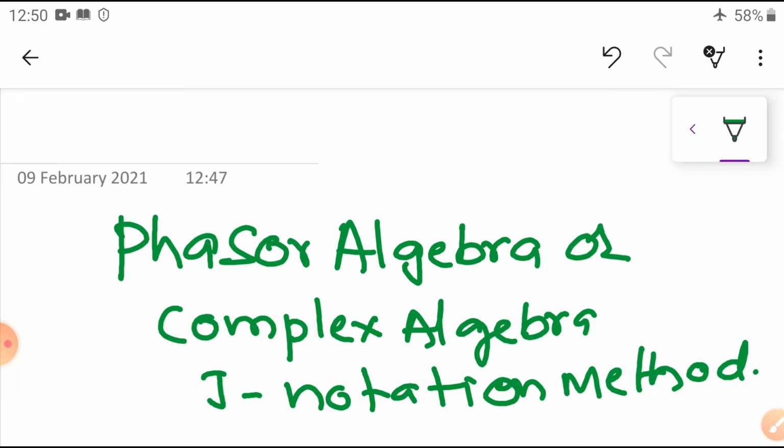In step 2, based on I1 at an angle, I2 at an angle and I3 at an angle, based on the circuit branches, we have drawn the phasor diagram. And in step 3, based on I1, I2, I3 from the phasor diagram, all currents are resolved into X components and Y components.